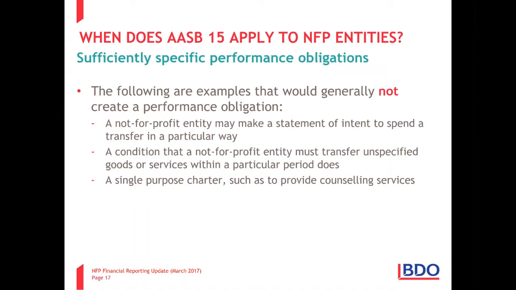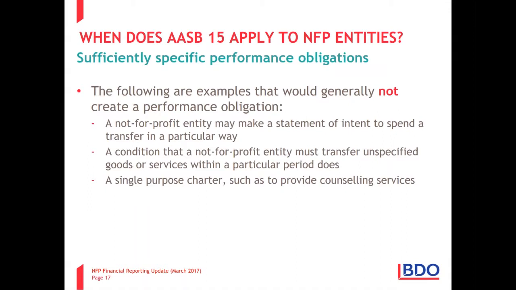So that's very important. The second hurdle that we would like to jump is sufficiently specific performance obligations, and this is a critical one. They give us a number of examples of which performance obligations or which promises included in funding arrangements would be sufficiently specific for you to apply AASB 15. First of all, they say the following are examples that would generally not create a performance obligation because it's not sufficiently specific.